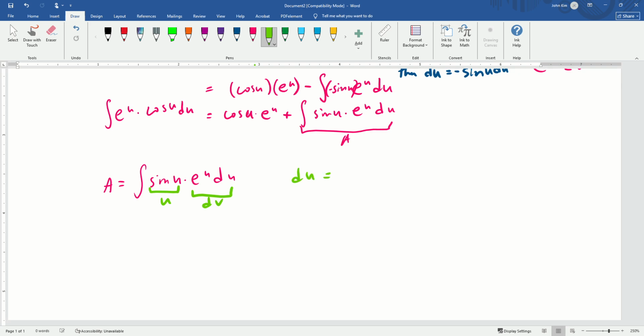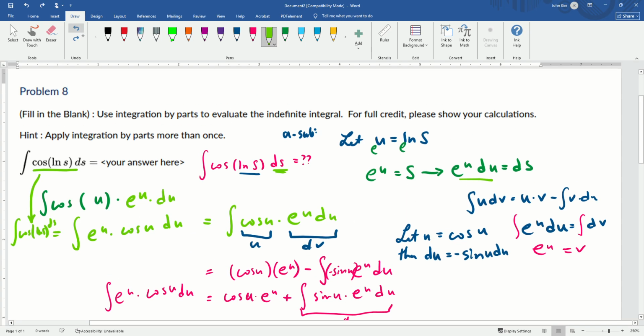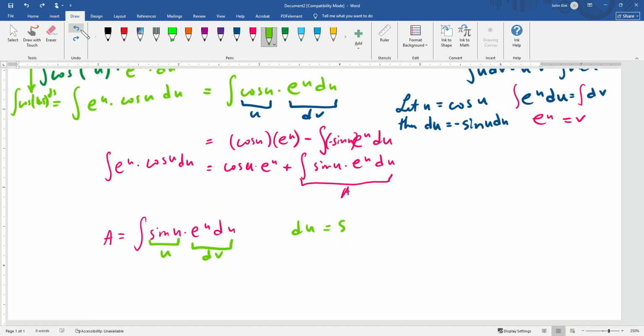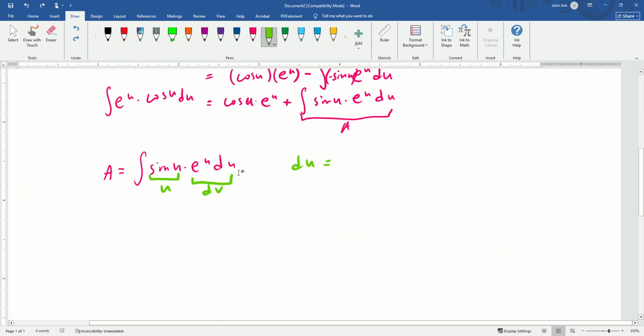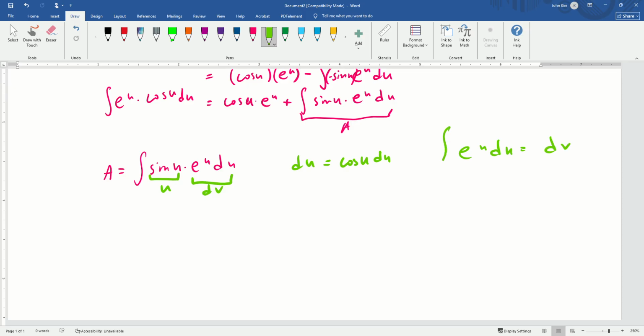The derivative of sine of u is cosine of u, so du is cosine of u du, and e to the u du was dv. We integrate that, and you end up with e to the u equal to v.